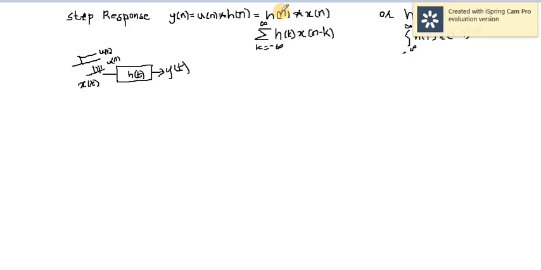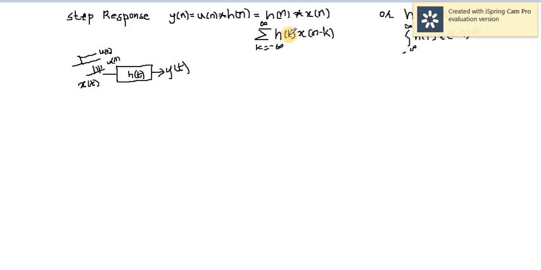And if we reverse, it becomes h of n convolution x of n, because the commutative property is always true. When we expand this convolution expression, the summation over k from minus infinity to plus infinity, h of k x of n minus k, even u of n convolution h of n or x of n convolution h of n is also true.